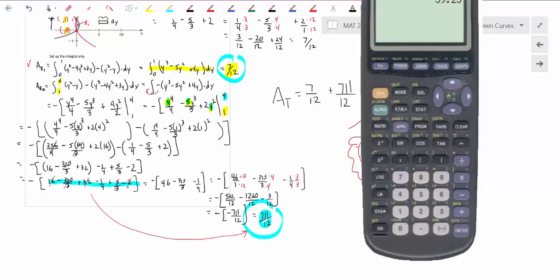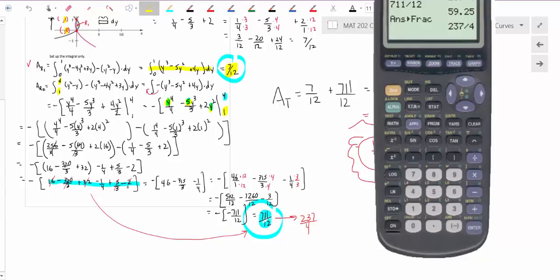Now that negative there makes that positive, so you're going to have 59.25. Then if I go math fraction, that converts it to 237 over 4. And actually, that's what this is. 237 over 4 is the same thing as 711 over 12. If I go 711 divided by 12, I get the same thing, then I can go math fraction like that. So you can use that to verify any part of the problem, even the last step.